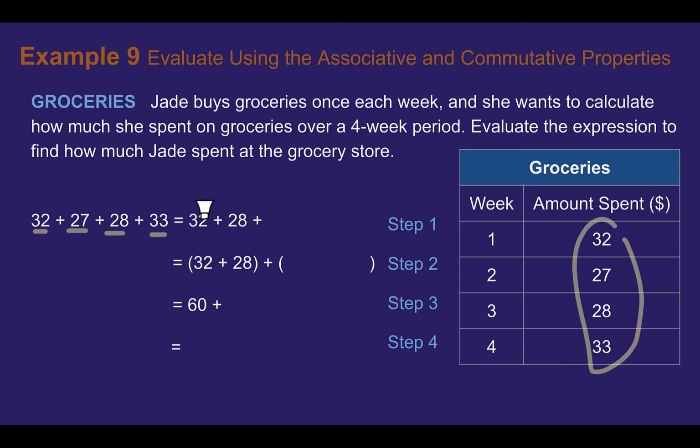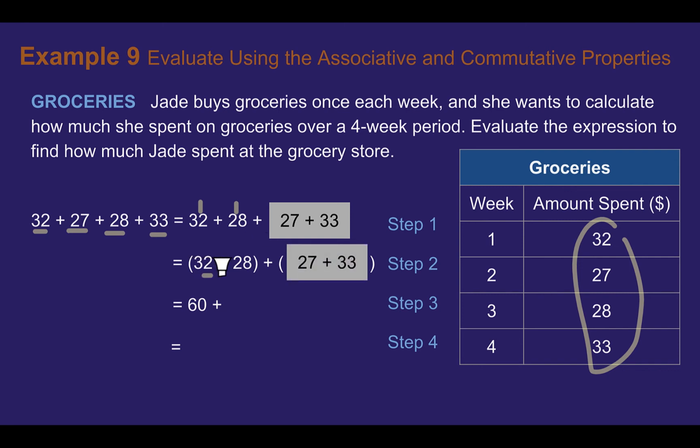Step 1, let's rearrange them so we put numbers that are going to be easier to add together. So they put 32 and 28 together, which leaves 27 and 33 to put together. Next, we're going to use the associative property to group things.